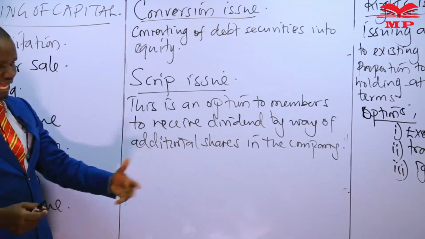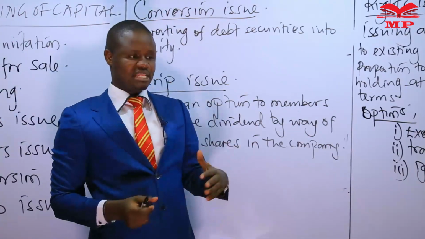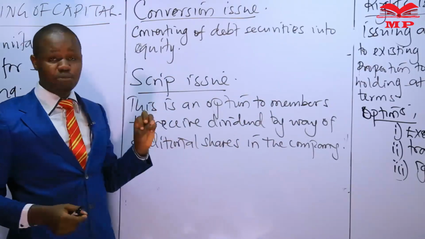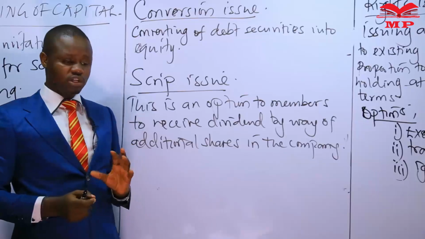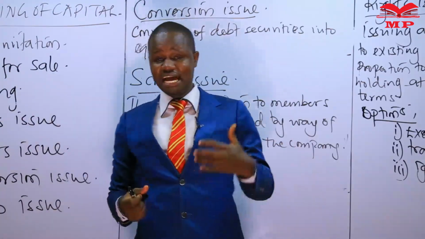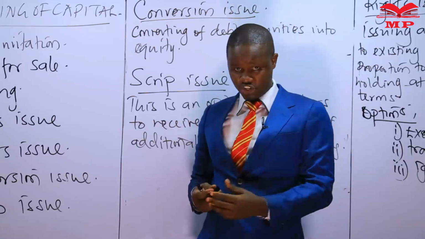So at the year end, once we have declared our dividends that we shall be paying this much per share held, the company can give options to its members via its articles that in our company, we have afforded members the option of taking up dividend by way of additional shares.